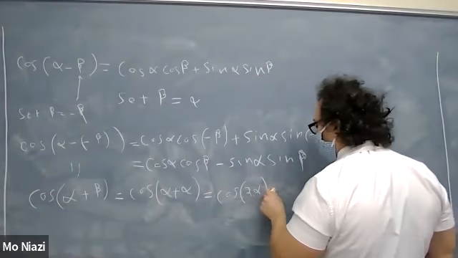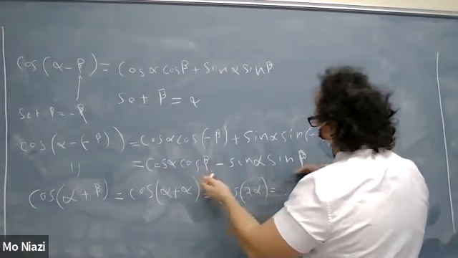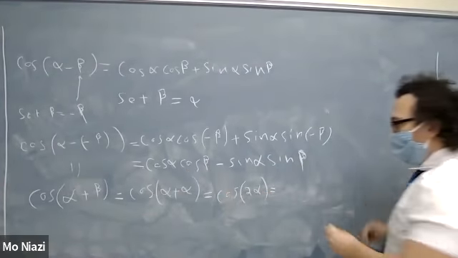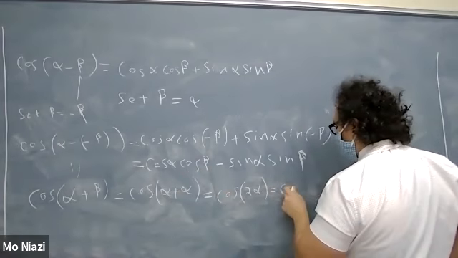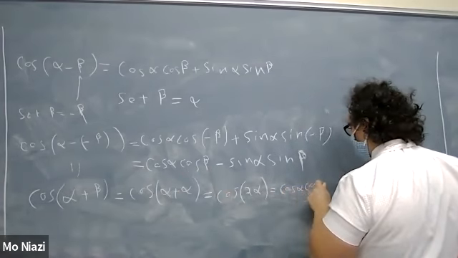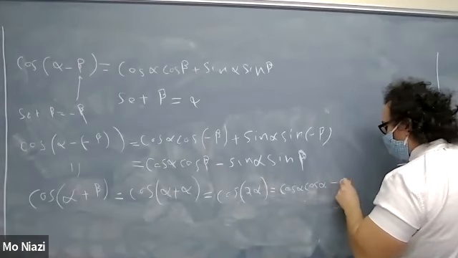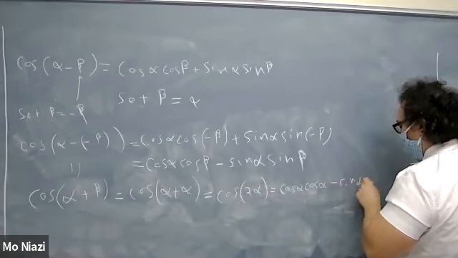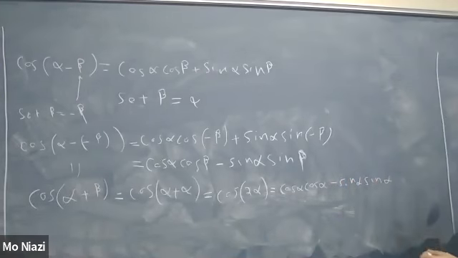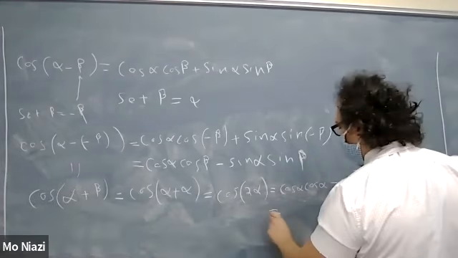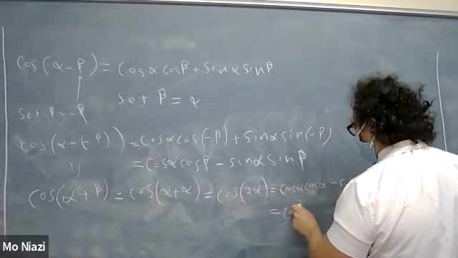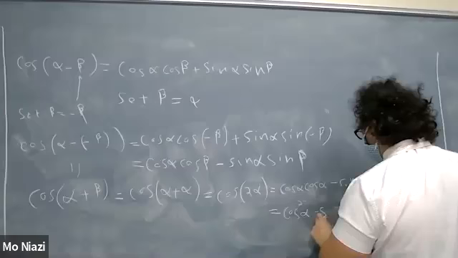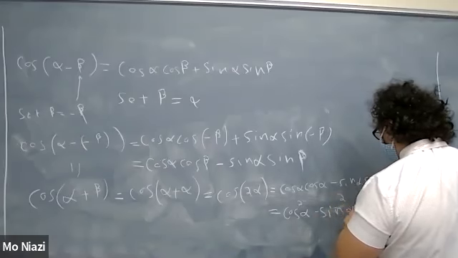Cosine of 2 alpha is what happens when we replace every beta in this equation with alpha. So then this becomes cosine alpha cosine alpha minus sine alpha sine alpha, is it not? Yeah, it is. So actually, cosine of 2 alpha reduces to cosine squared alpha minus sine squared alpha.